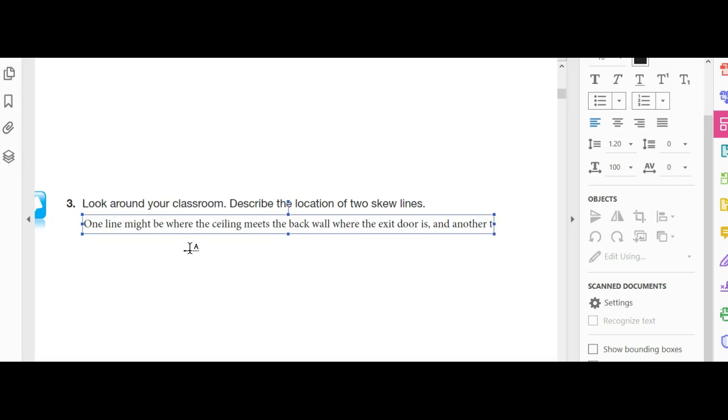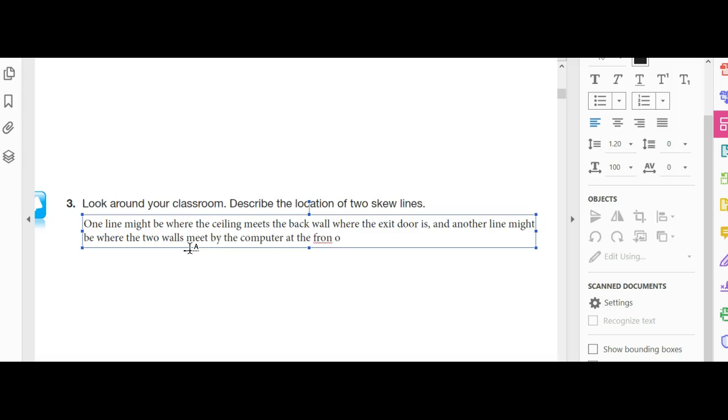And another line might be where the 2 walls meet by the computer at the front of the class. Okay, and that would be the wall that goes straight up behind my computer, where my computer is.